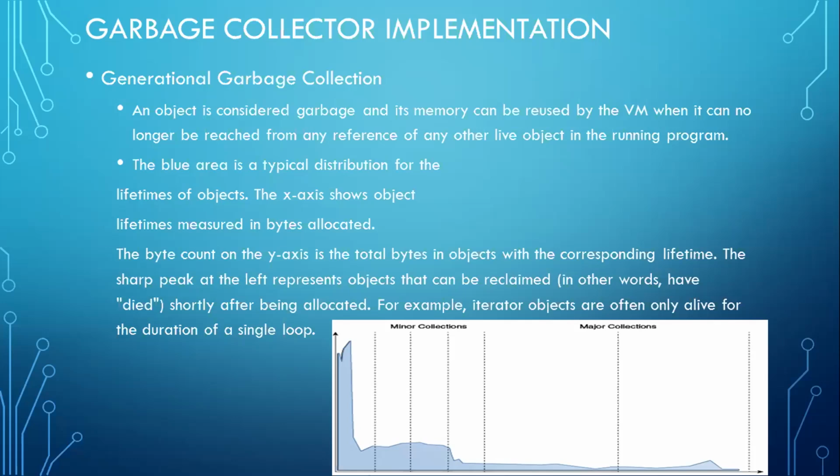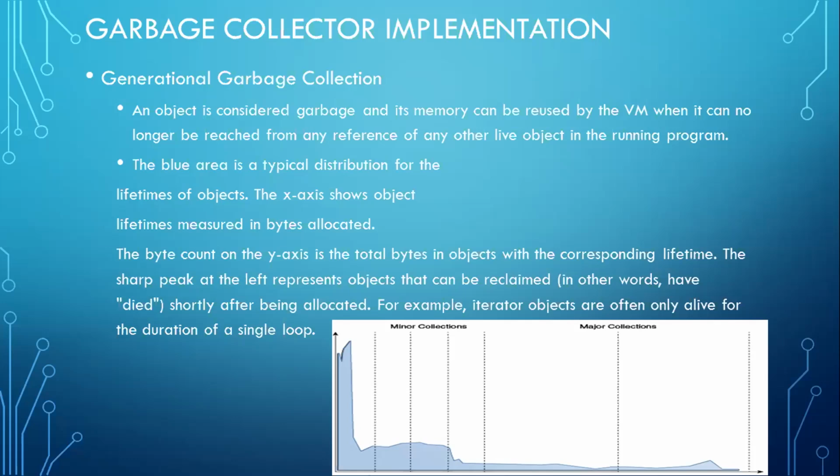So there is no point in keeping a single area to allocate memory for each and every object. What the engineers thought is, let's divide the entire heap into two areas. One area would be completely dedicated to the young objects, and another area would be dedicated to the old or tenured objects.